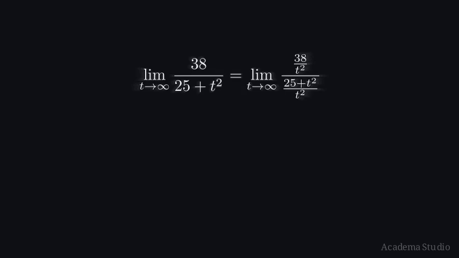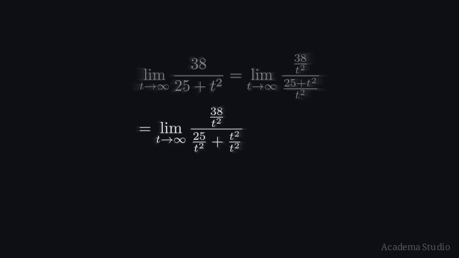The limit as t approaches infinity of 38 over 25 plus t squared equals the limit as t approaches infinity of 38 over t squared over 25 plus t squared over t squared. So this simplifies to the limit as t approaches infinity of 38 over t squared over 25 over t squared plus t squared over t squared.